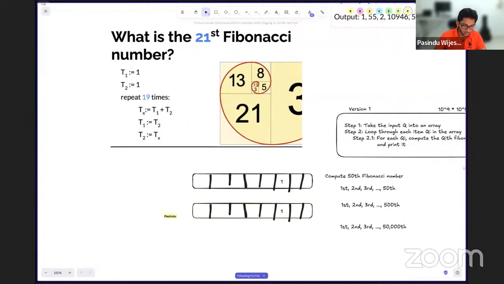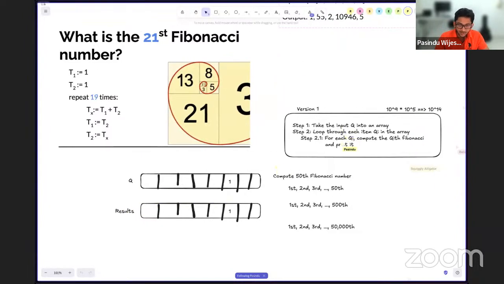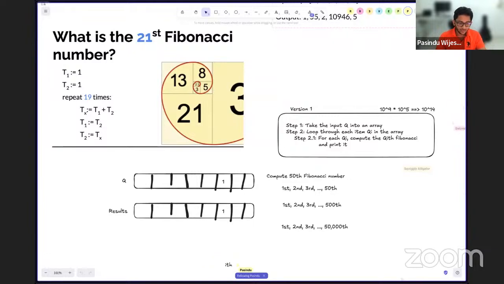Let's say this is results, this is Q. When we are computing the ith Fibonacci number, we need a way to figure out if the i is within any slot of the array here. If it's present, then we can store the result in the corresponding box of the results array. Once we are done processing up until the max Qi, we basically print each and every element of this results array.